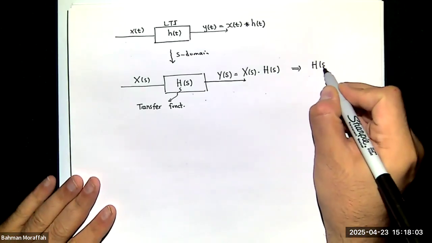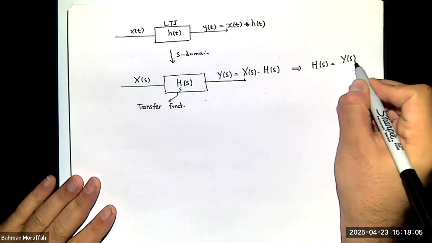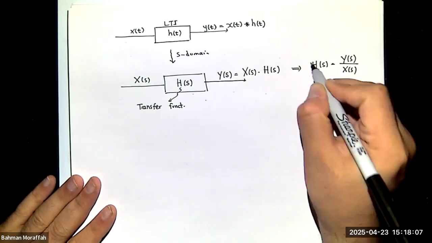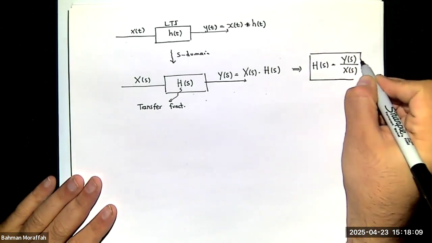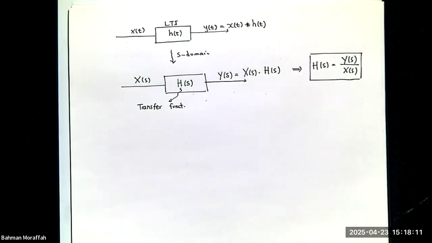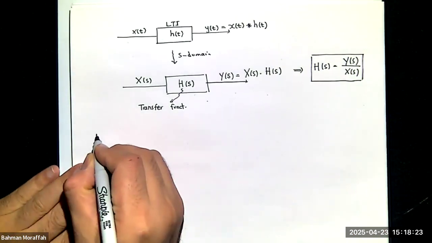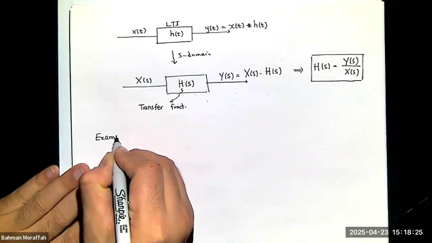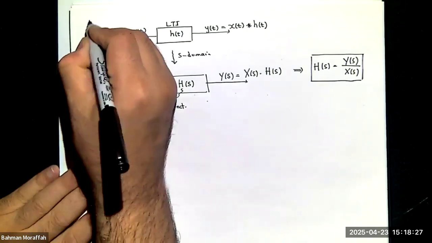H of s is y of s divided by x of s. Right? And like I said, since we know the inverse Laplace transform, we can always compute y or any of these. Right? So let's do a quick example. So this is the property of convolution.